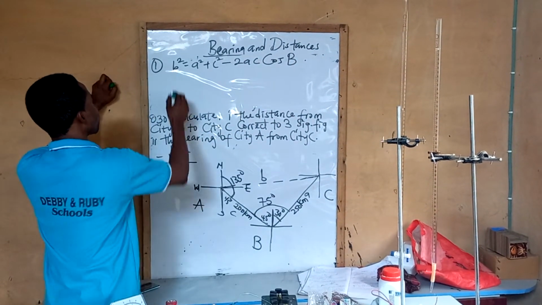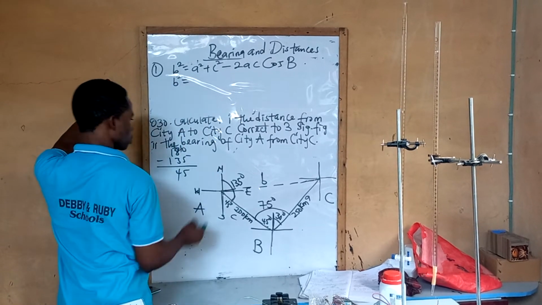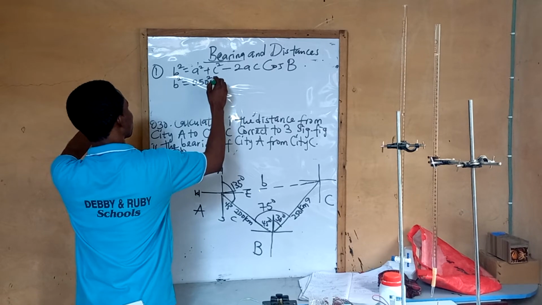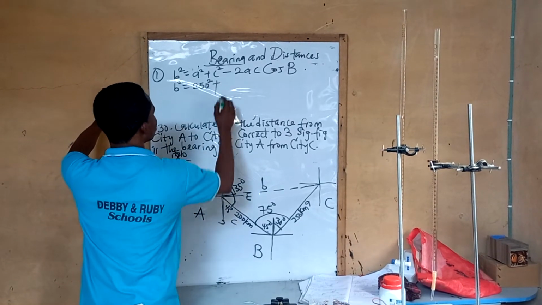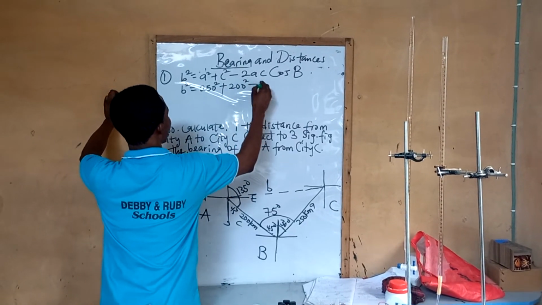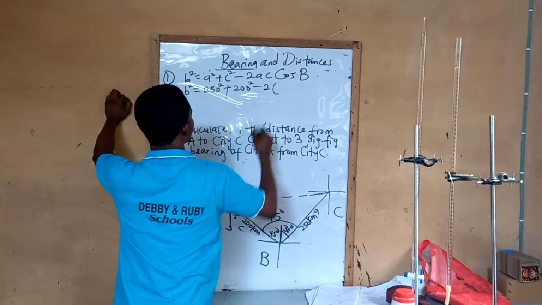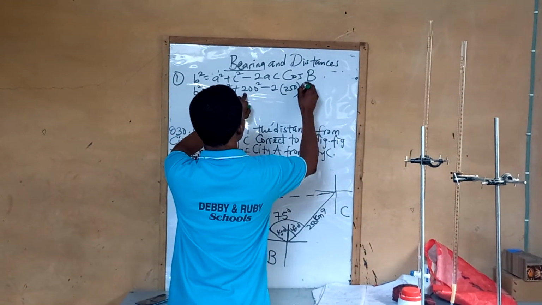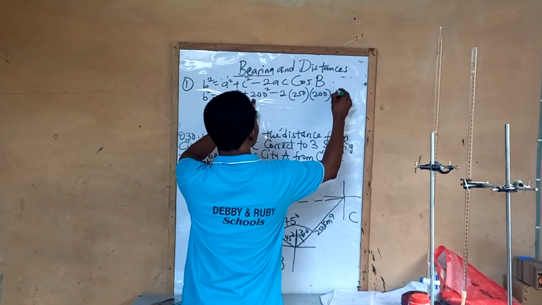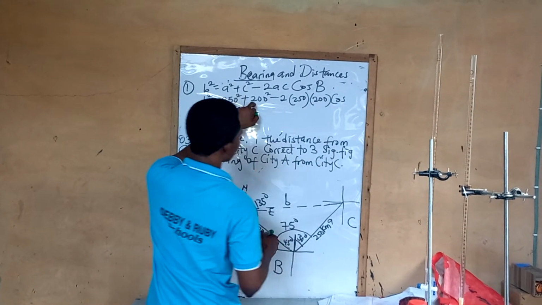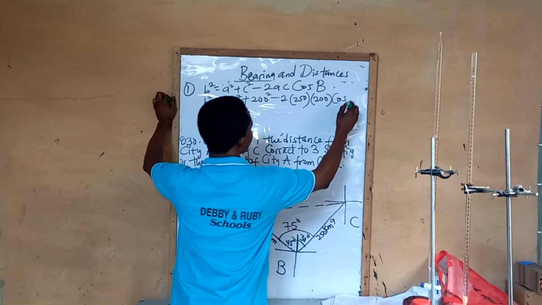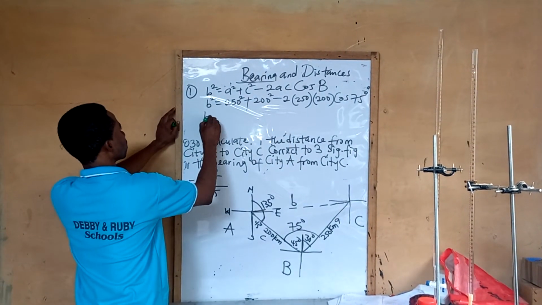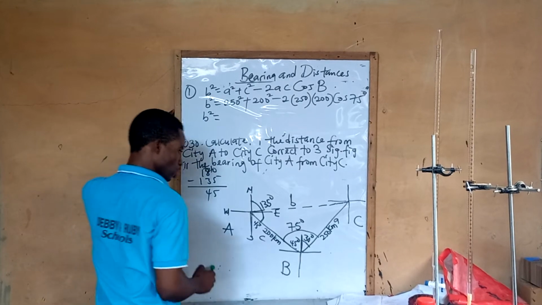So that means b squared equals to, my a is 250 squared plus, what's my c? 200 squared minus 2 into bracket, 250, 200, cos, what's the angle? 75 degrees.